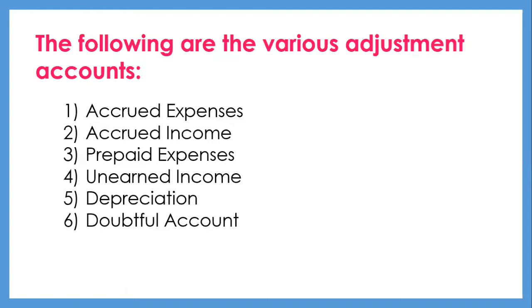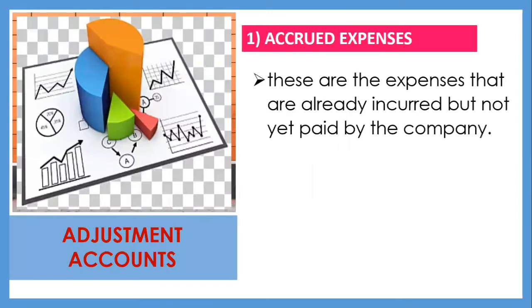To better understand each of them, let us discuss them one by one, starting with accrued expenses. What do we mean by accrued expenses? These are the expenses that are already incurred but not yet paid by the company.